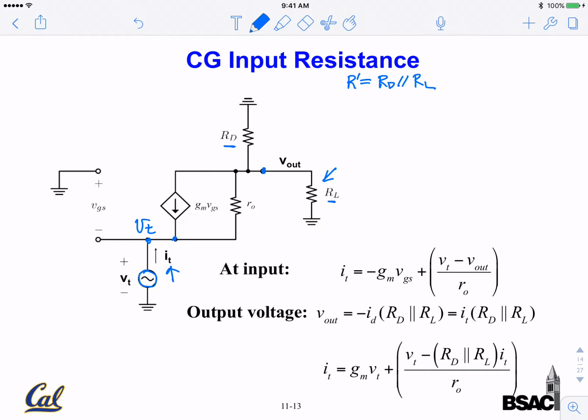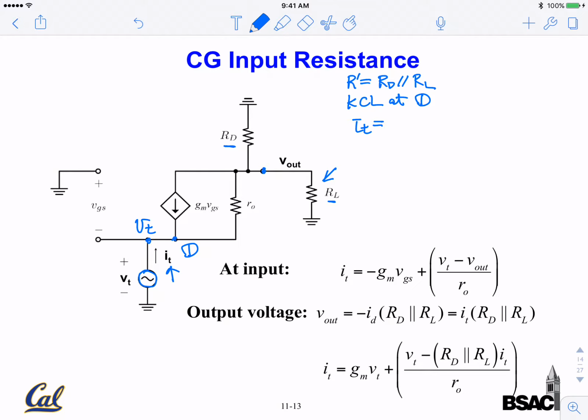KCL at node 1. You'll see IT is equal to this branch, IT going in here.